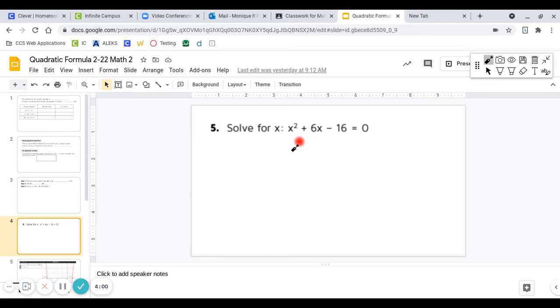Step 2, we want to identify a, b, and c. So I'm going to do two things. Remember the standard form: ax squared plus bx plus c equals 0. This kind of helps you identify where a, b, and c are.